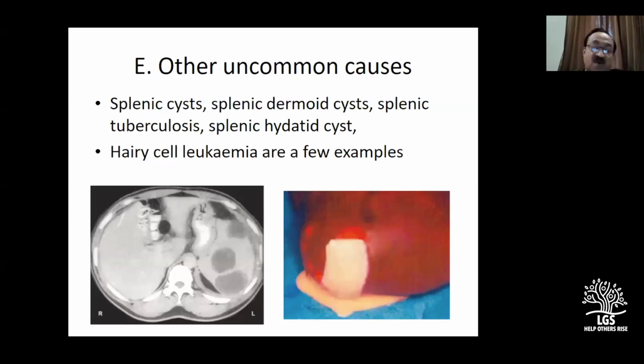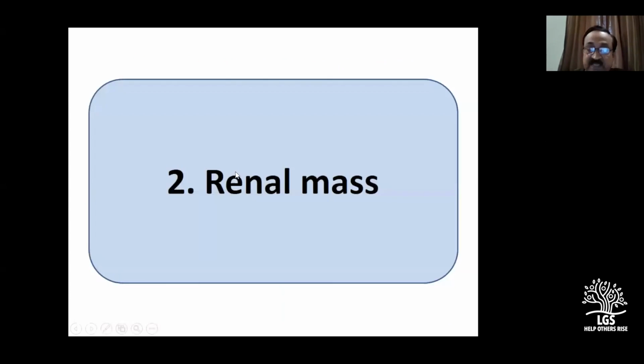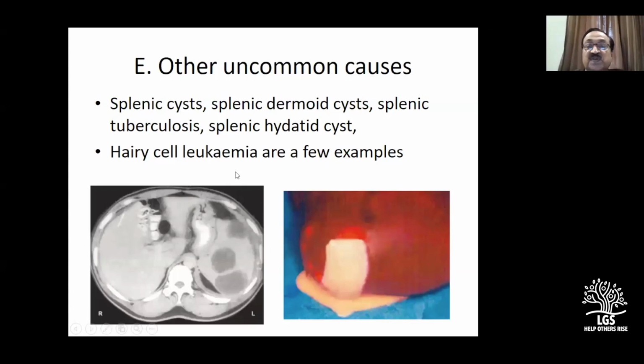Then comes all the other diagnoses of interest, depending upon your case. I will take one or two questions related to the spleen and stop at this stage. If any students want to ask, please ask. I have only told you the surgeon's interest related to splenomegaly as a mass abdomen.